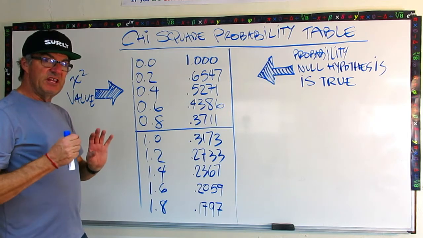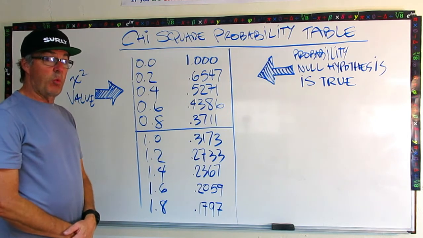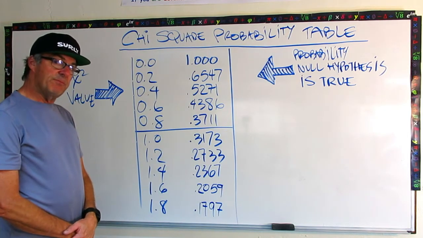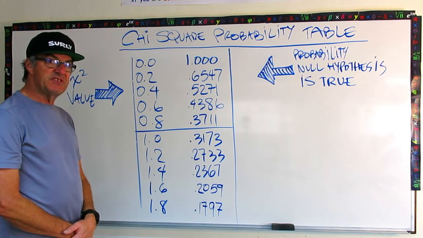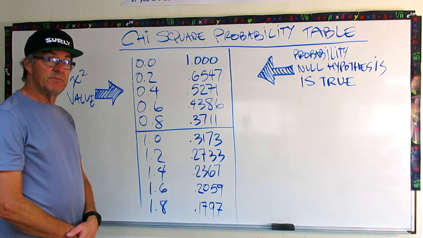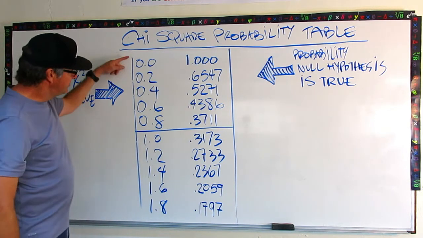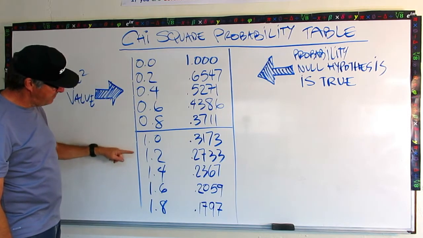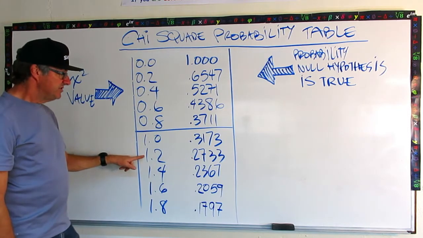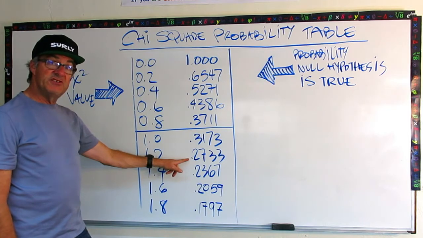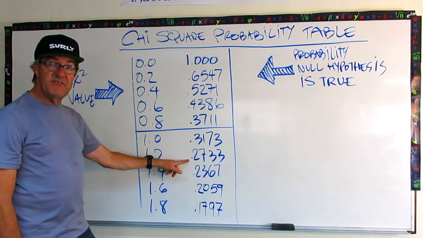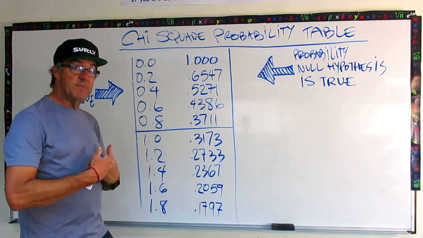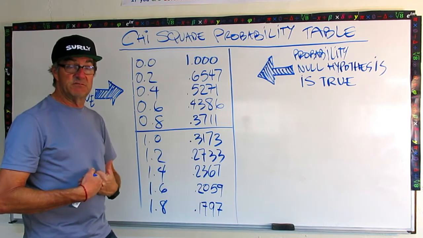So pause the video, think about this. What if my chi-square was 1.2? What's the probability that my null hypothesis is true? So what we do, we shoot down our chi-square table and bam, here's 1.2. So the probability that the null is true is just 0.2733 or 27.33%. Okay?